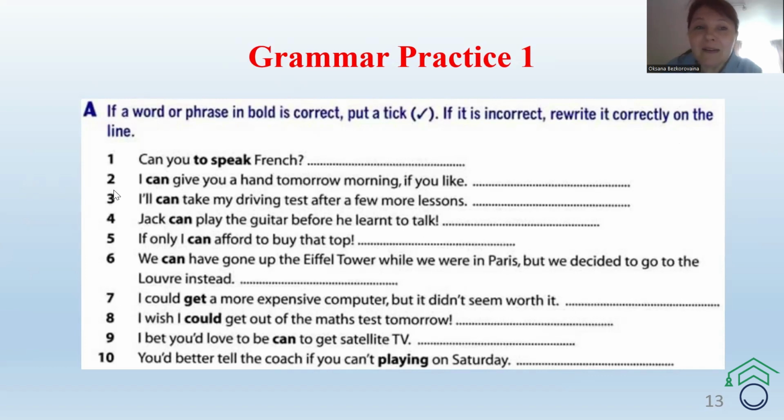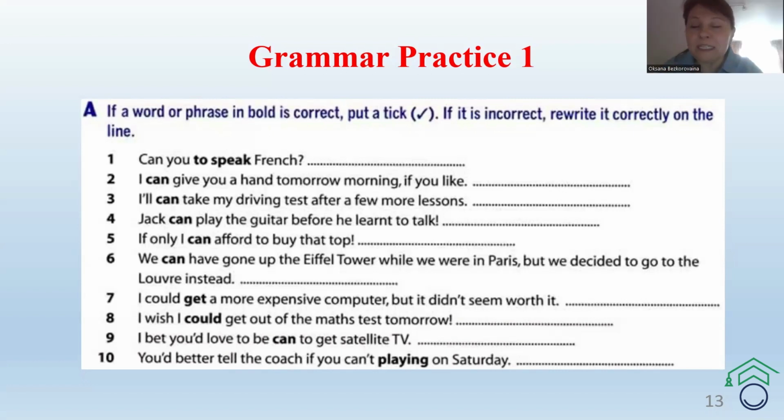I can give you a hand tomorrow morning if you like. I think it is not correct. I think we should say I could give you.